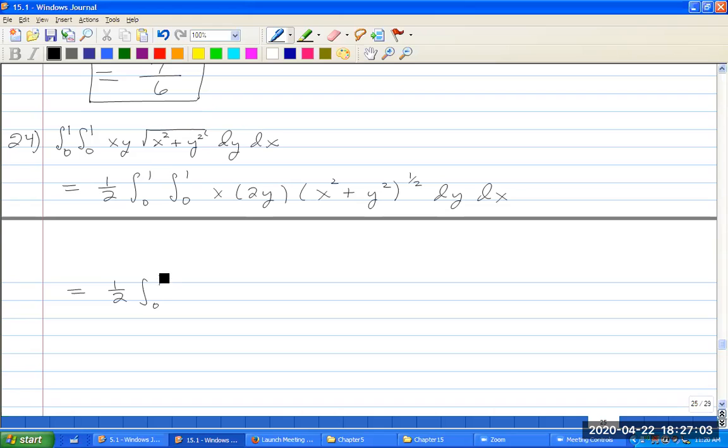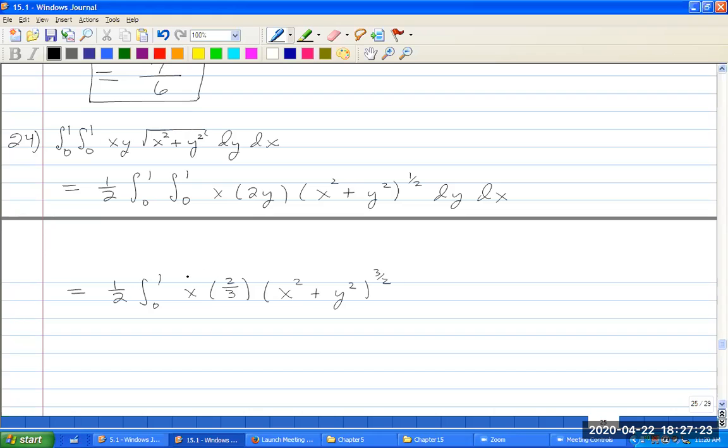I have here a constant, x, times, well, add 1, so this will be a 2/3 x squared plus y squared to the 3/2.